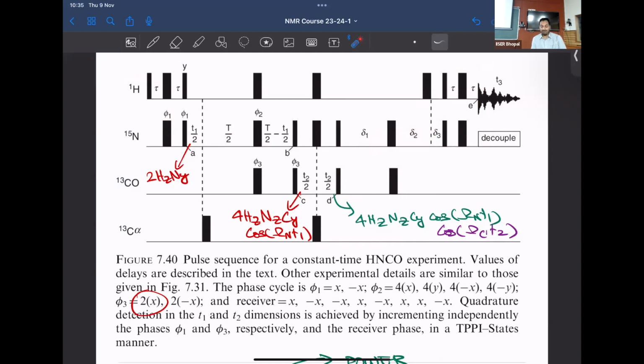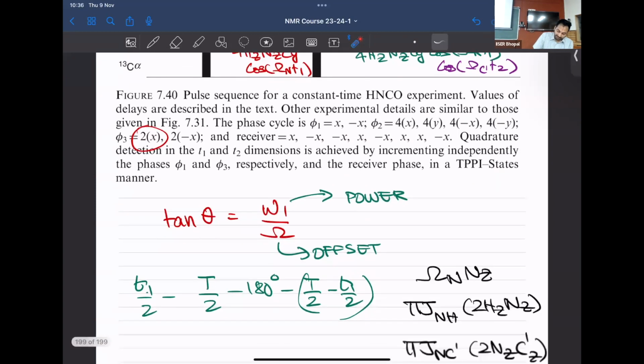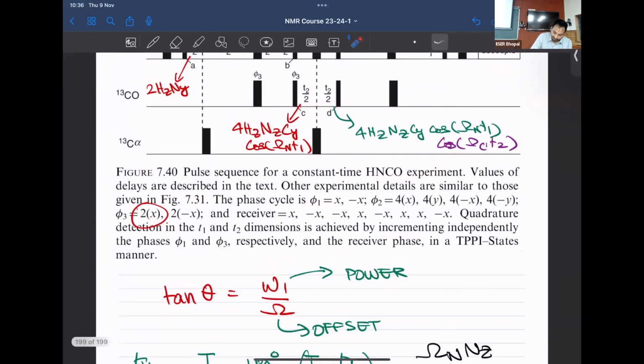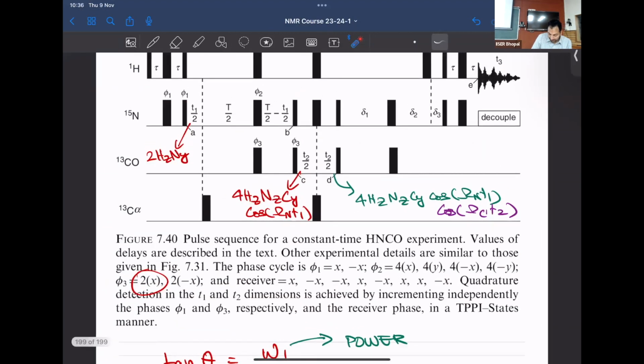Now, you're propagating it here, and therefore the final density matrix is going to have one more term in it, which will be exp I omega H T3, right? In the direct dimension, you could get quadrature in one scan.